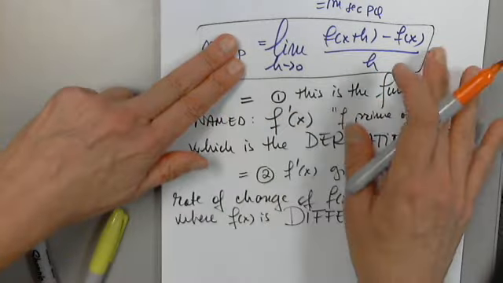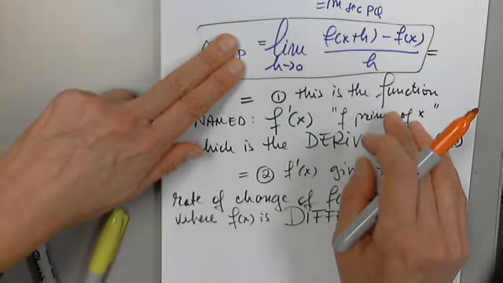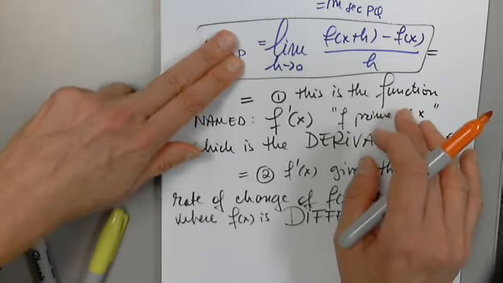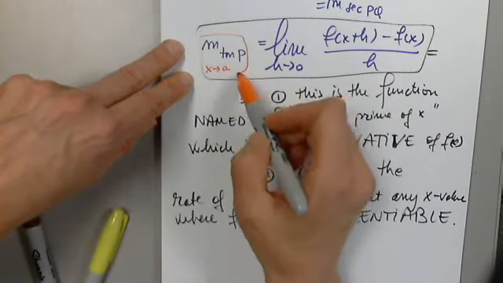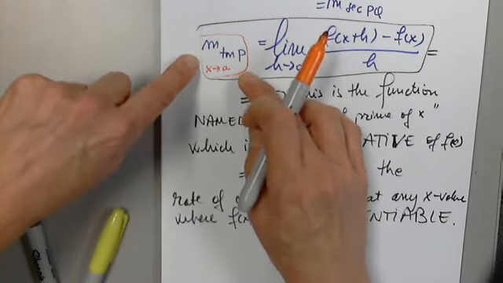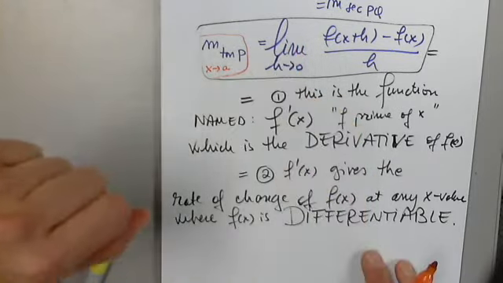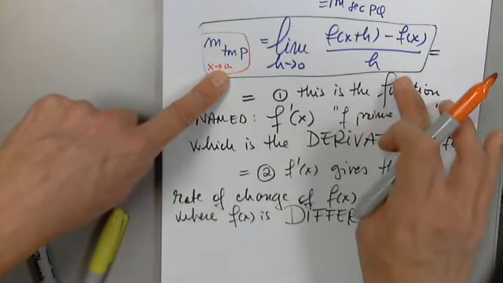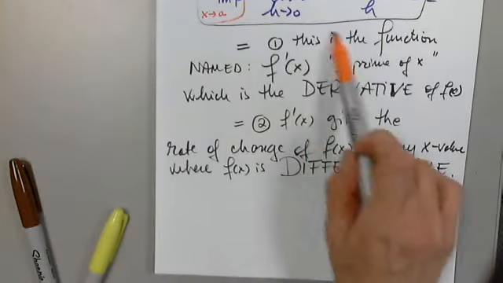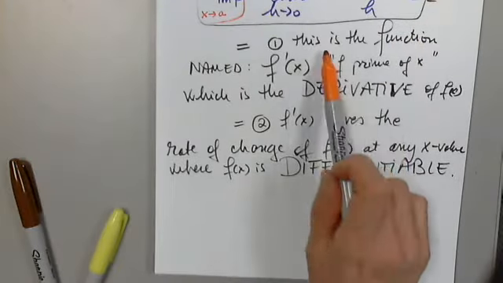But this is fine for the definition of the derivative. In order to be exact, we have a very slightly different definition for this particular number, because this is a number and this is a function. Okay. So all this is the function named f prime of x, which is the derivative of f of x.